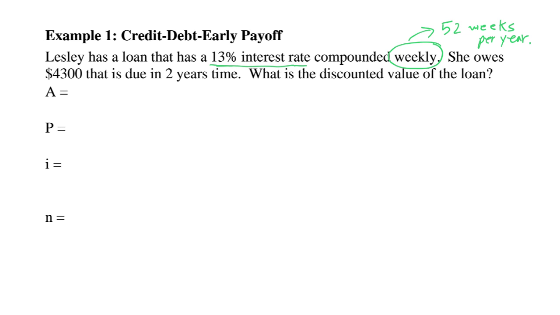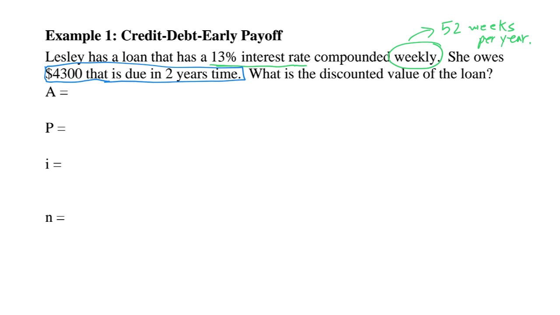Now that we've done that, this is how much she owes: $4,300. That's due in 2 years' time. That is our problem.